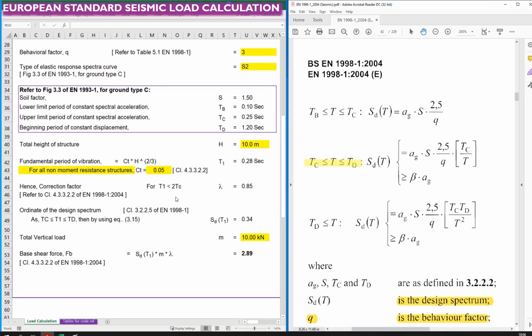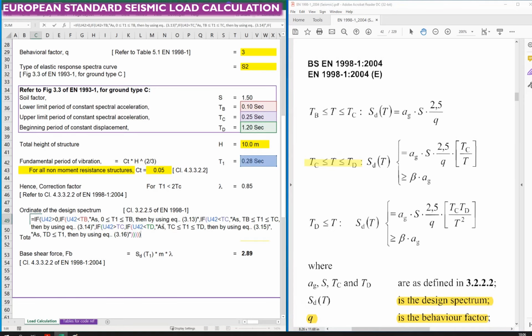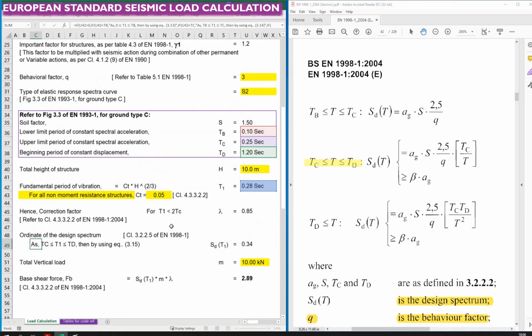In our case, if we look into our calculation, Tc is 0.25 second, whereas T is 0.28 second. So in this case our T1 is greater than Tc. TB is 0.1, so our T1 is greater than TB.